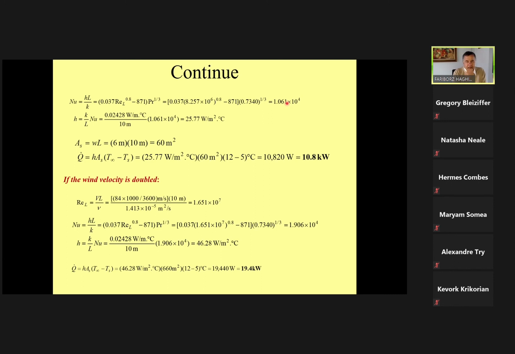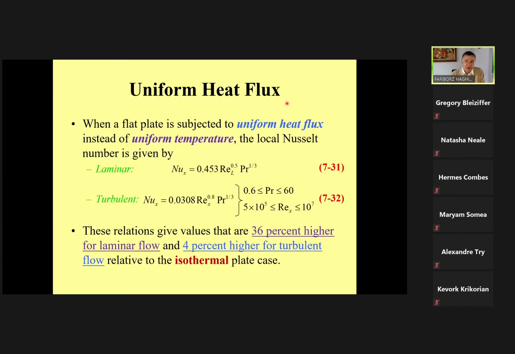10 minutes. In most of the problems that we are dealing with, the surface has either a constant temperature or a constant heat flux, uniform heat flux. When a plate is subject to uniform heat flux instead of uniform temperature, the problem we did before, the last problem, we assumed the temperature everywhere on the wall is 12 degrees.